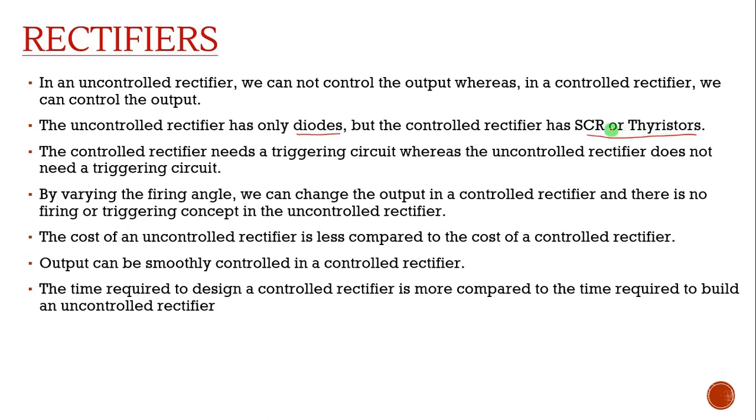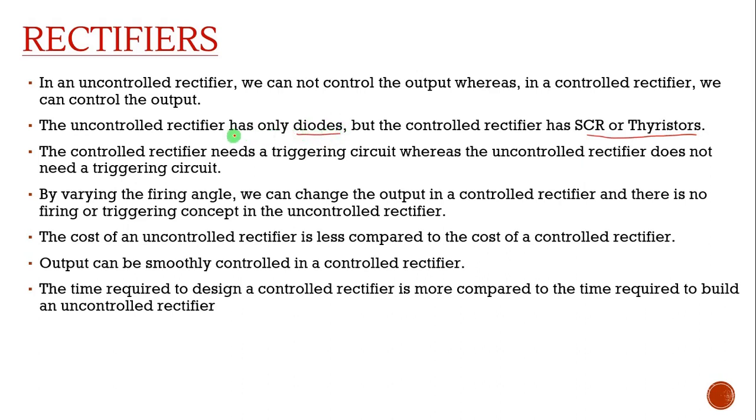Only if the gate terminal is triggered will the thyristor or SCR turn on. But a diode has only two terminals, anode and cathode, so there is no triggering mechanism in the case of a diode.